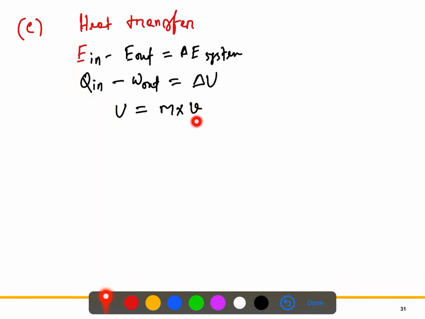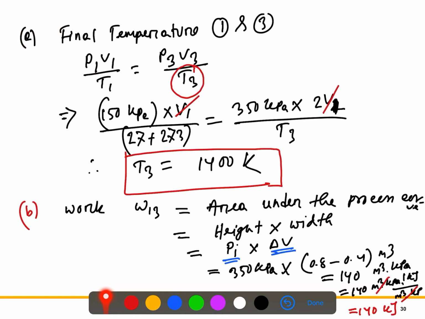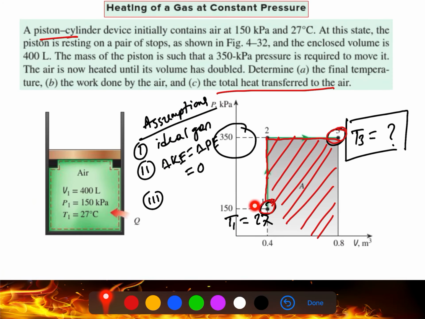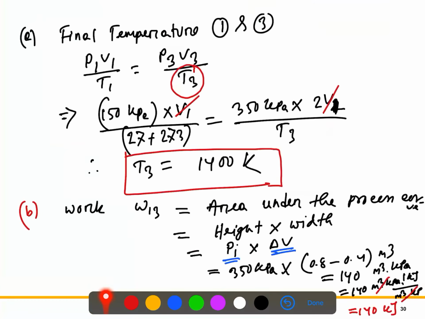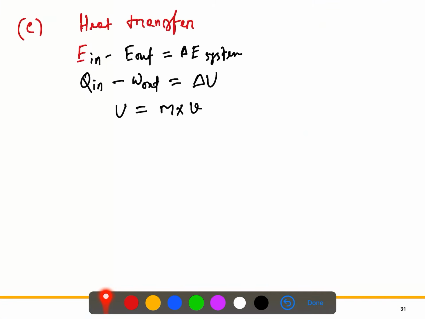So actually in our problem, we have three states. State 1 is the initial state, 3 is the final state. So what we will do, we will consider the internal energy for state 1 to 3, because our heat transfer is happening this way. It was our process, it is 1, it is 2, it is 3, right? So it was happening this way.